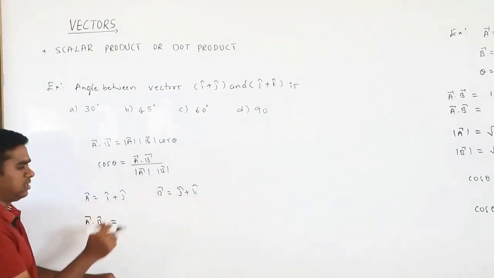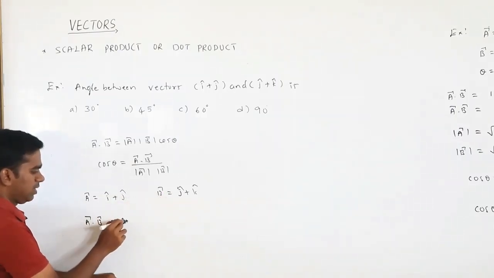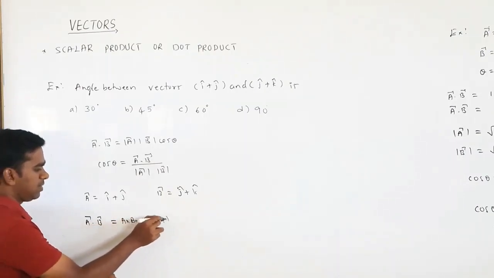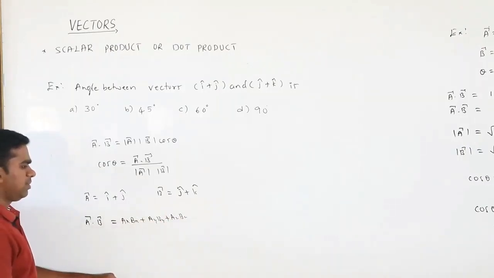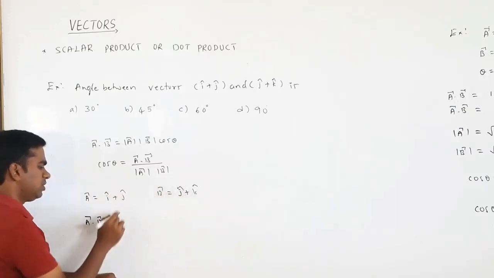Here i is not there, so it is 0. j dot j is 1. So AX BX plus AY BY plus AZ BZ, or you can multiply directly also. If you are getting confused, go with your usual method.